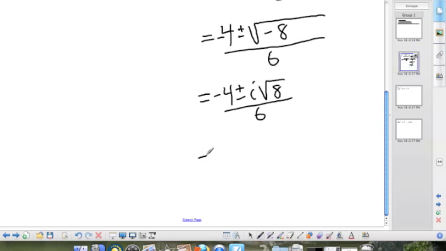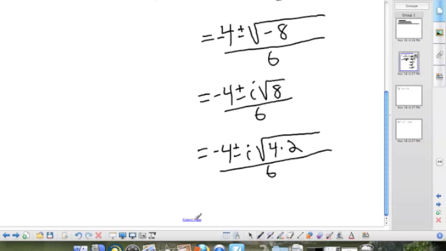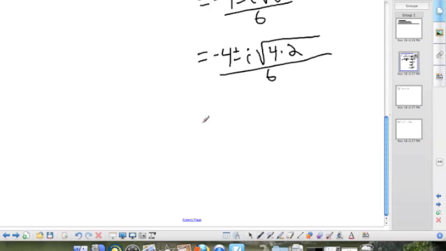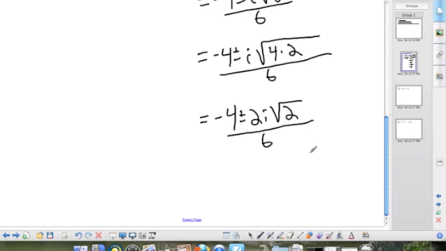Simplifying even further, we know that square root 8 is the square root of 4 times 2. So we want to get perfect squares, which is negative 4 plus or minus, the square root of 4 is 2, so we have 2i square root 2 over 6.